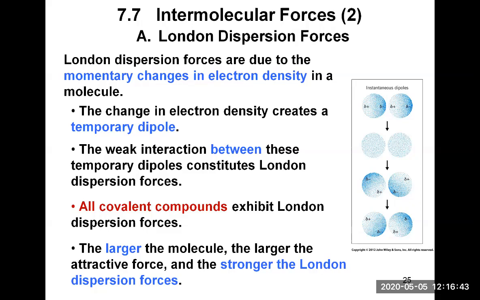And so when there is an imbalance, it can create a slightly larger partial positive charge and partial negative charge in the electron cloud that will then attract another molecule with an opposite charge next to it. So the stronger the London dispersion forces when you have larger molecules. So you want to remember that if you compare two molecules that exhibit only London dispersion forces.